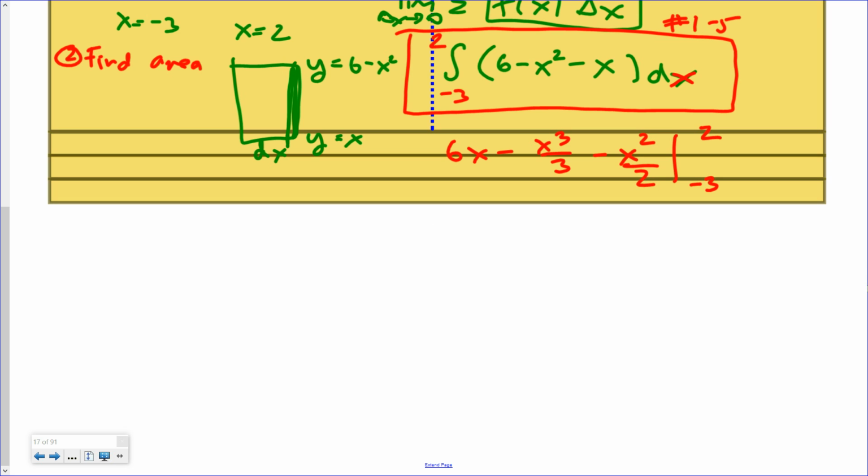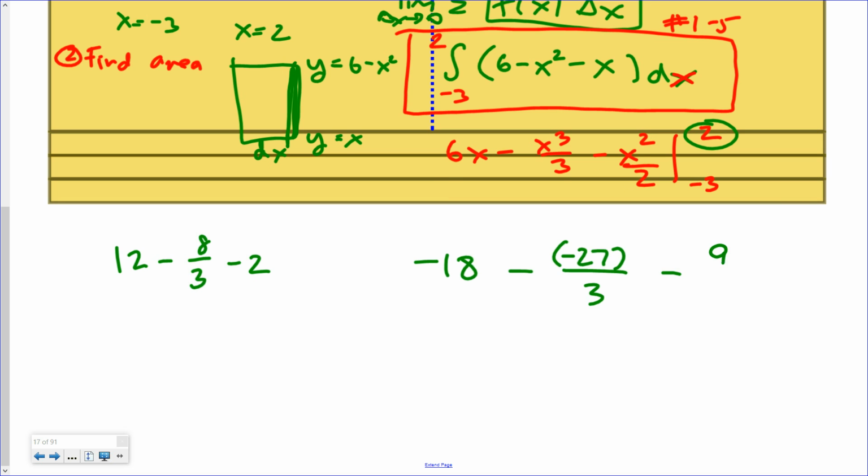The first fundamental theorem of calculus says, first I'm going to plug in the 2, then I'm going to plug in the -3, then I'm going to slap a minus sign in between. So when I plug in the 2, I get 12 minus 8 over 3 minus 4 over 2, which is 2. When I plug in the -3, I get -18 minus -27 over 3 minus -3 times -3, which is +9 over 2.